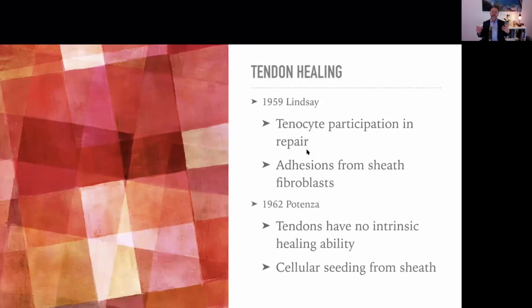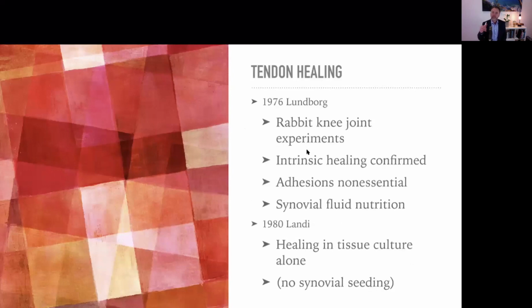Now, this is all developed fairly quickly in very recent times. As I said, there was confusion early on, thinking that adhesion was from the sheath. Healing was from the sheath. It was extrinsic, and the tendons had no ability to intrinsically heal. But some work in the 70s, and this is a real game changer, was able to confirm this capacity for tendons to heal intrinsically and with synovial fluid nutrition.